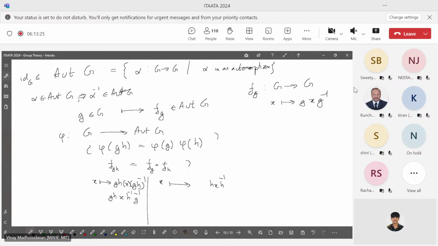But then you have to apply f_g. So f_h maps this, and then f_g maps this to g h x h inverse g inverse.